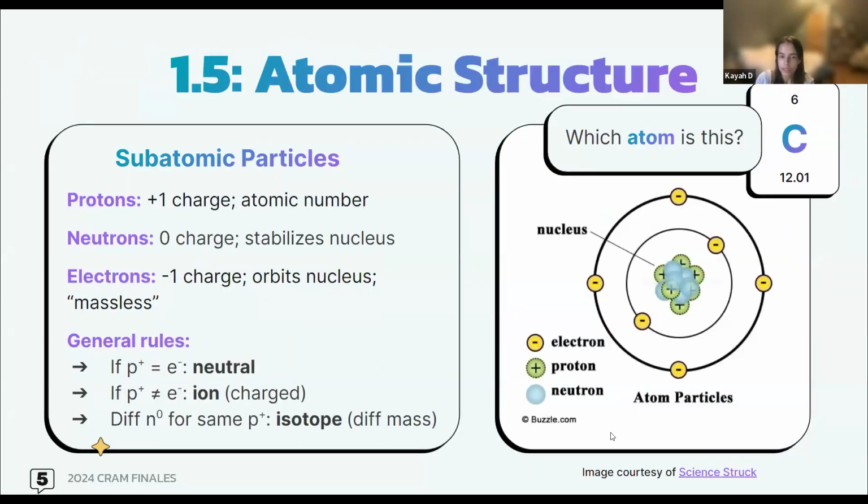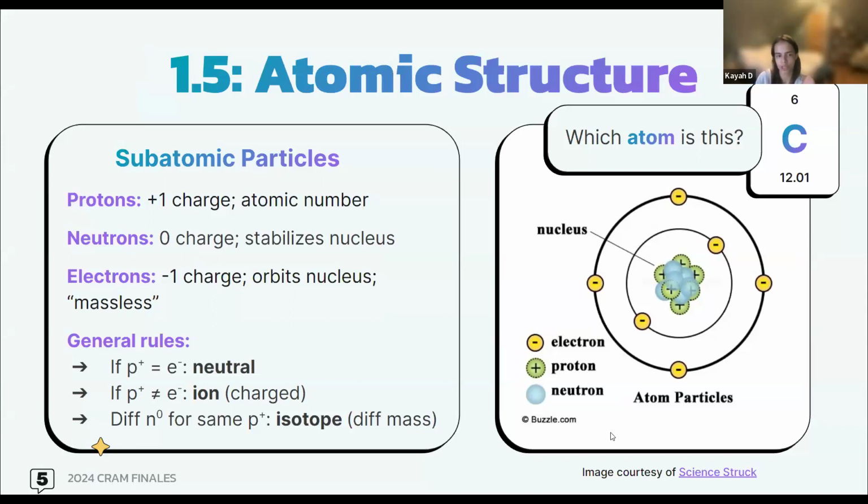Now, going into a little bit more about atomic structure, these are your basics. You must know them. Don't let them fool you on these. So our atoms are made of protons, neutrons, and electrons. When I was learning about protons, neutrons, and electrons, what I like to do is memorize them: protons sound like positive, right?